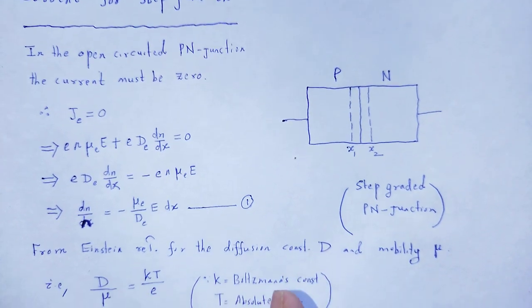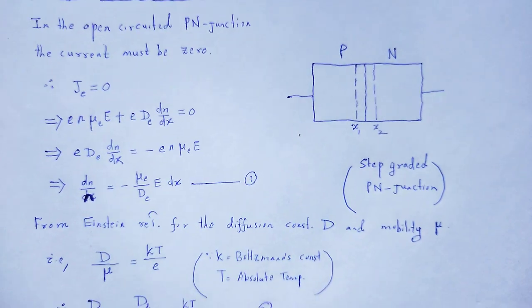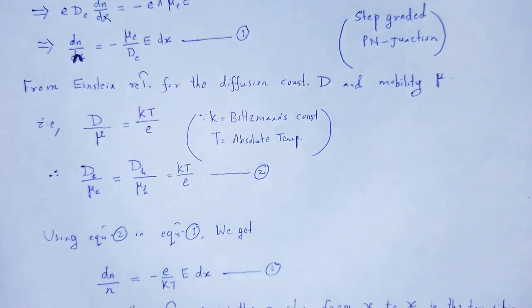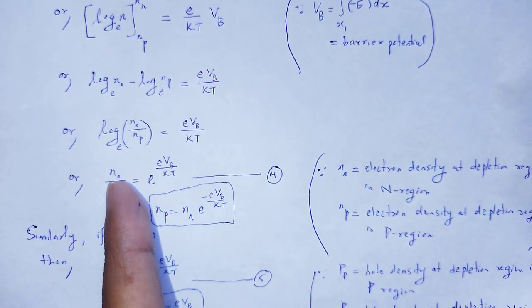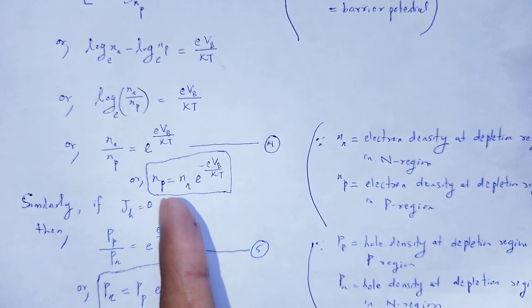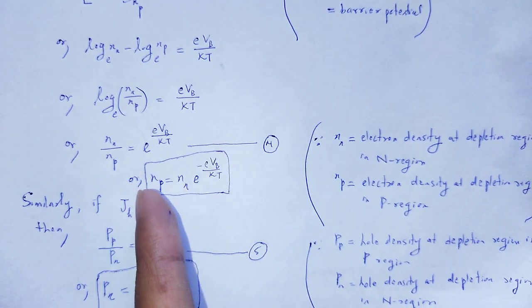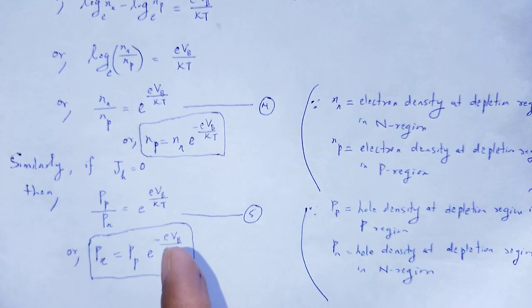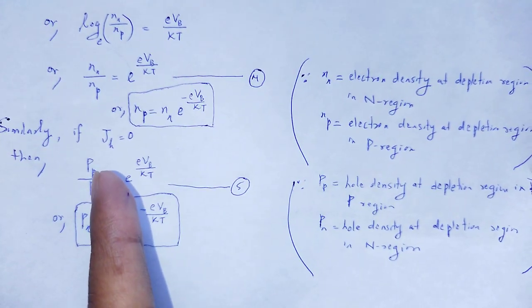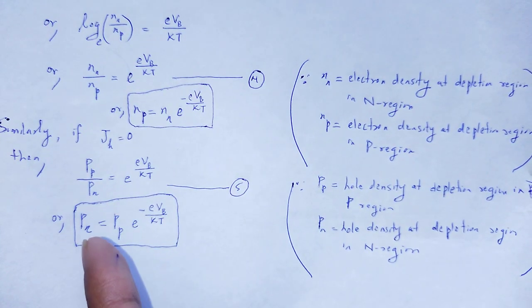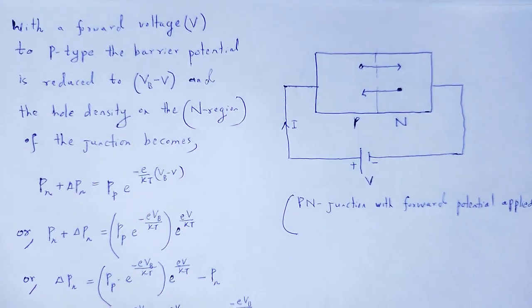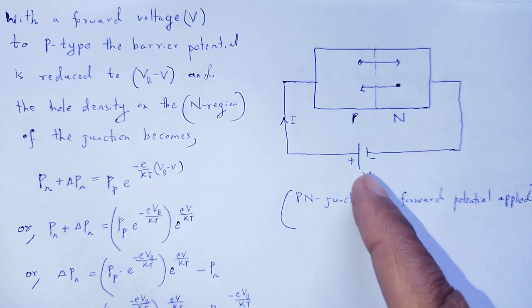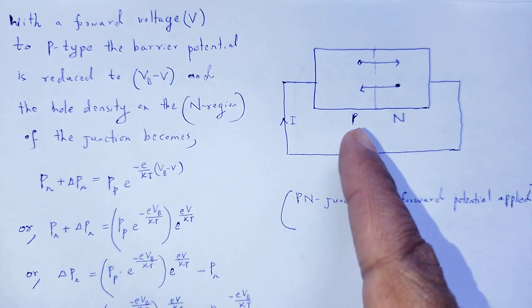In that situation, we evaluate Nn by Np, from which we get Np, and next Pp by Pn, from which we get Pn. Again, we apply external potential to the PN junction.